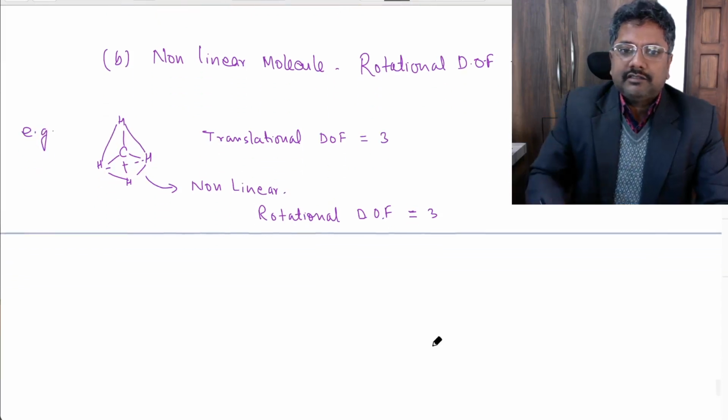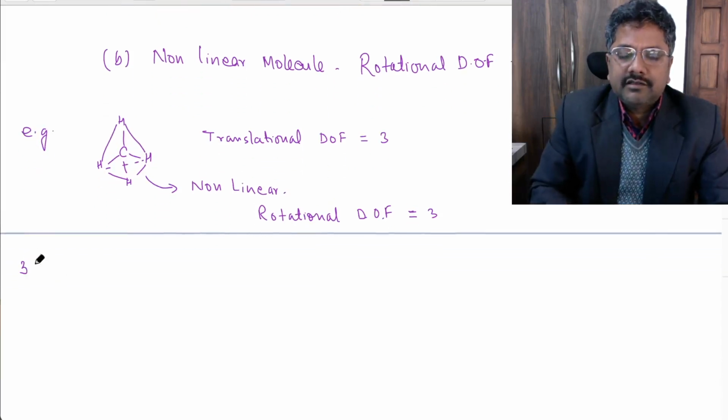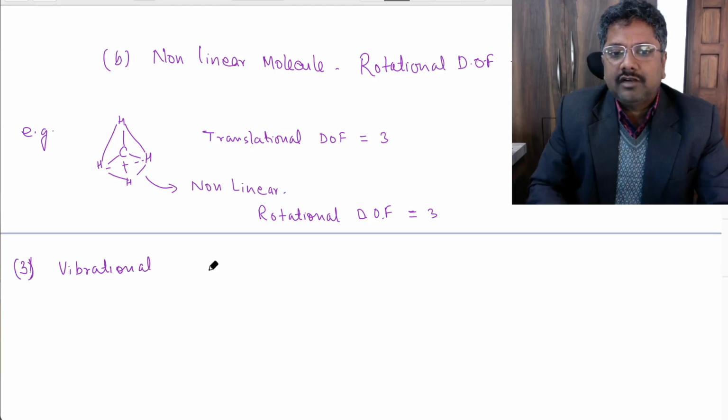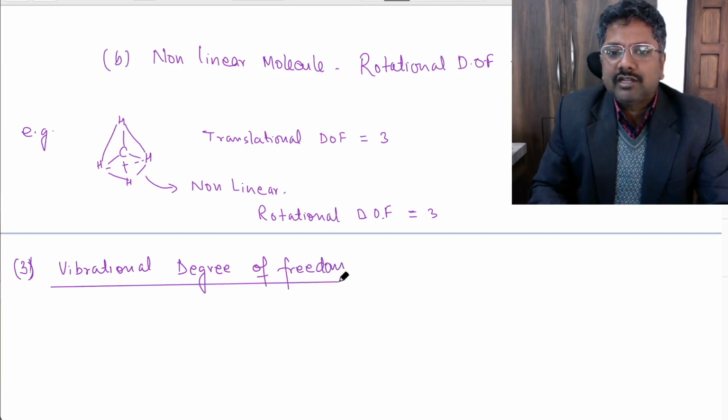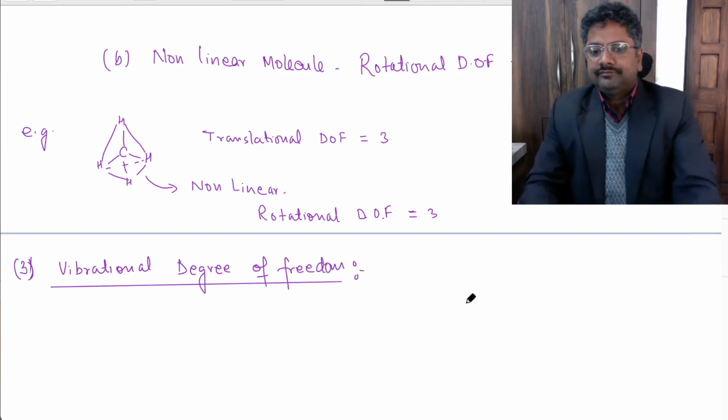Now see, the third one is vibrational degree of freedom. As all of you know, vibrational motion is the internal motion of atoms within the molecule. This is not the external motion.